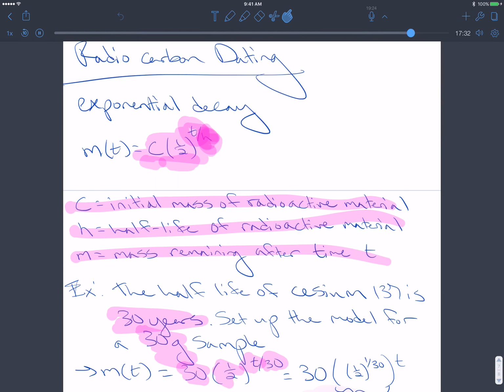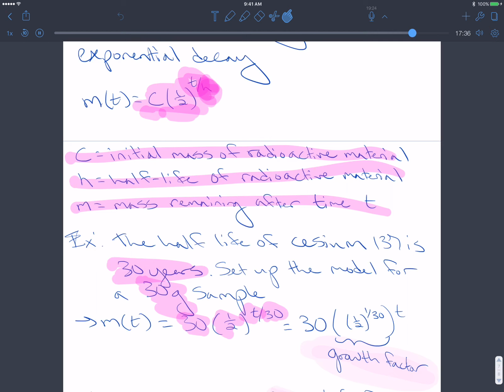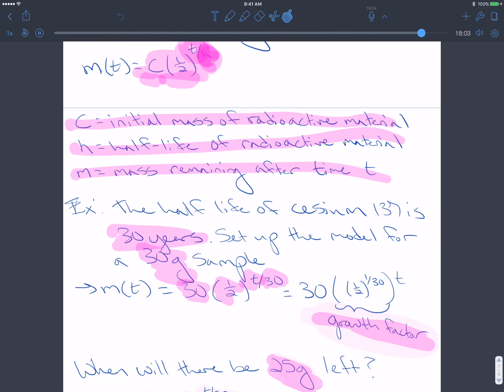So you can define your growth factor by taking a look at what that would be raised to the t, because your growth factor is a, right, a to the t in the model. So 1/2 raised to the 1 over 30 is actually our growth factor, which in this case is actually decay, but not growth, but that's fine. So we end up with 30 times that 1/2 to the 1/30th power raised to the t. When will there be 25 grams left?